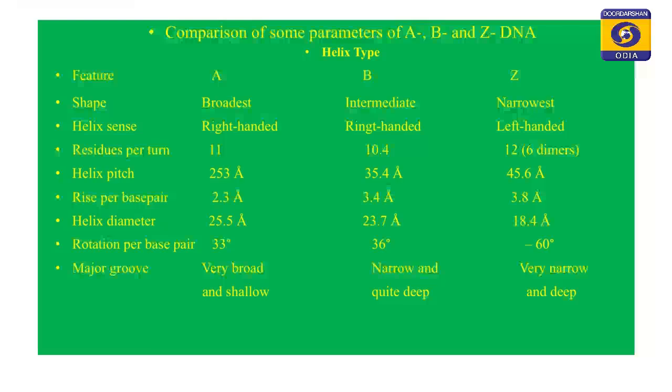So, A-DNA and B-DNA both are right handed, but Z-DNA is left handed. We need not remember all the points of this, but for reference I have given them here. Z-DNA is left handed, B-DNA is right handed, A-DNA is right handed, and the repeating units of Z-DNA are dinucleotides, but the repeating unit of B-DNA is mononucleotides.